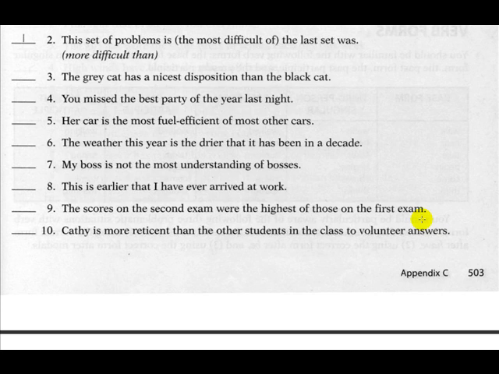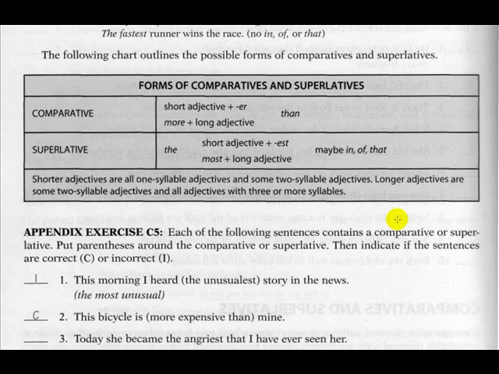Are we comparing all the exams? No. We're saying the scores on the second exam were the highest on the first exam. So we're essentially making a comparative. Let's take a look at the chart. So we're making a comparison here.